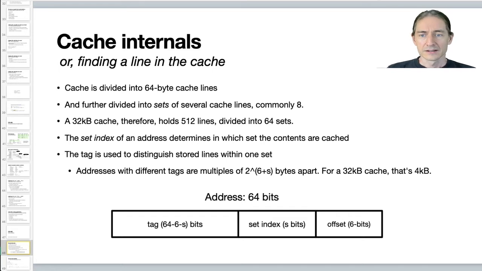And these lines are then divided into 64 sets, each of which can hold 8 different lines. So for 64 sets, the S here becomes 6, for 2 to the power of 6.